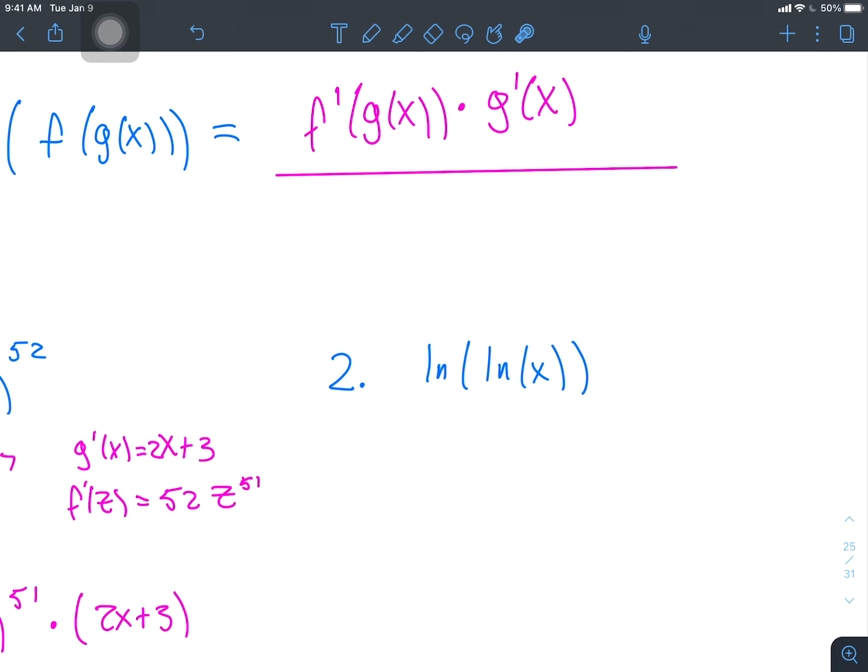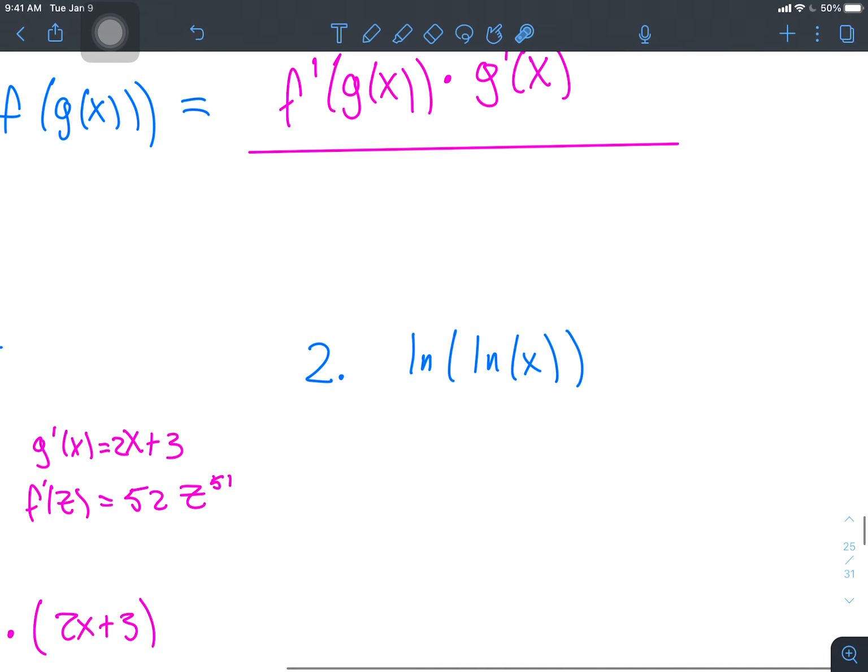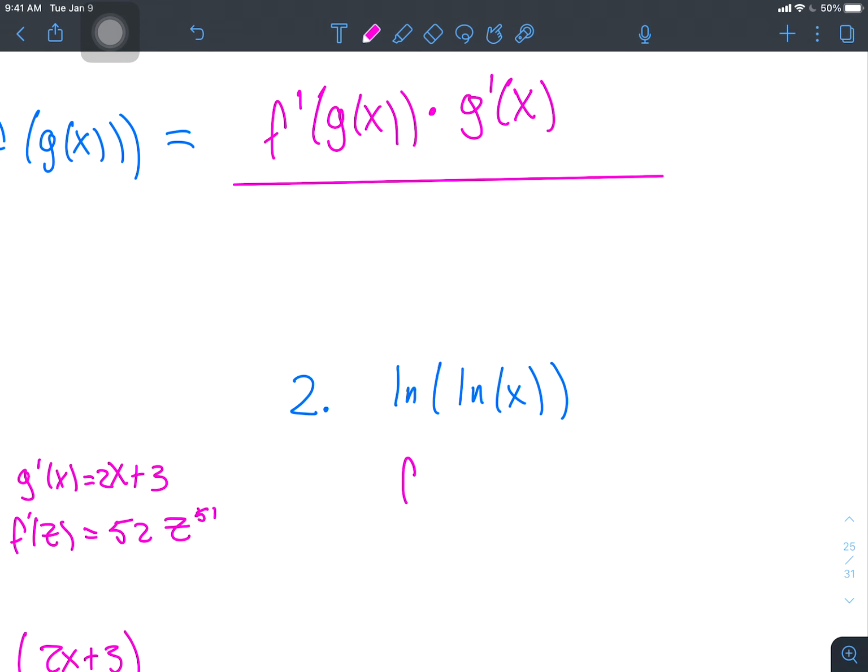Composition. Okay, so what's the inner function? Yeah, g of x in this case is ln of x. And how about f of z then? It's ln of z.